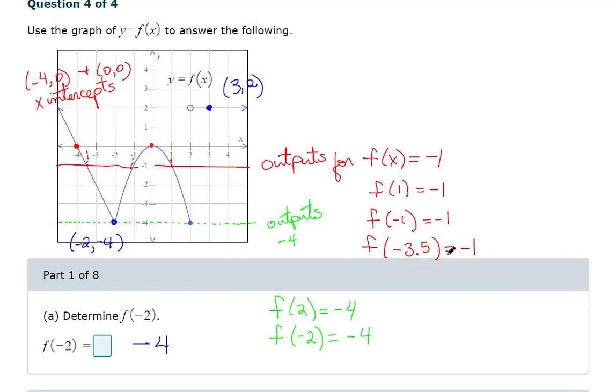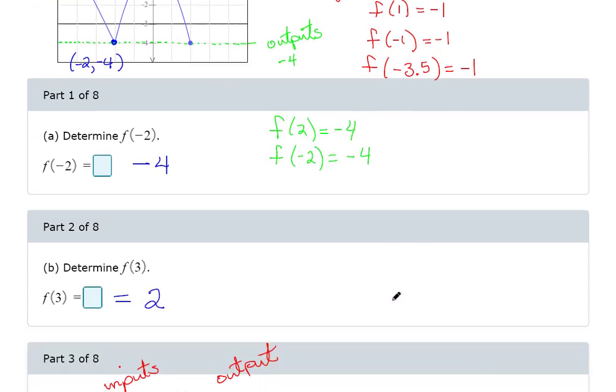Now, in a question in just a moment, they're going to ask us for the inputs that produce an output of -4. So again, I'm drawing this line at -4. Where does it intersect the graph? Well, f of -2 would give me -4, and f of 2 would give me an output of -4.